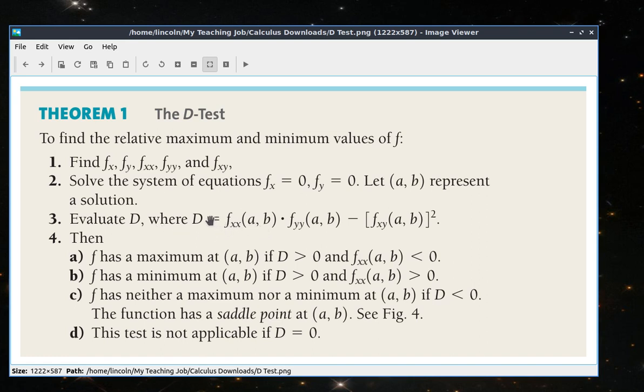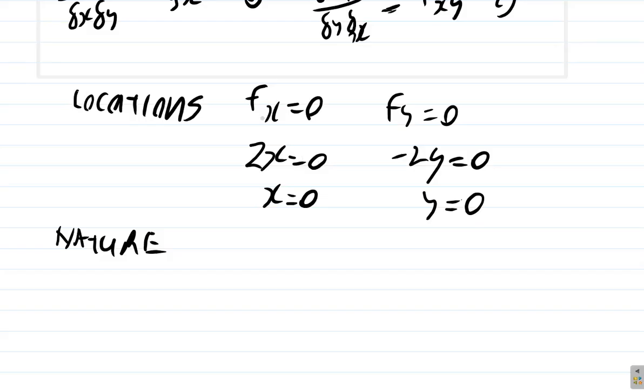Before we do that, when we solve the system of equations, we equated fx to 0 and fy to 0, put them together, and let (a, b) represent a solution. Now, our (a, b) is equal to (0, 0). That's our (a, b).